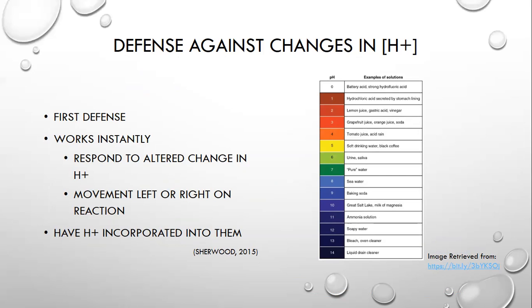Again, these systems are the second defense because they respond much slower. So again, respiratory and renal mechanisms are the secondary defense. Thank you guys for tuning in today, and we'll discuss some of these secondary defenses against changes in hydrogen ions in our next lesson.